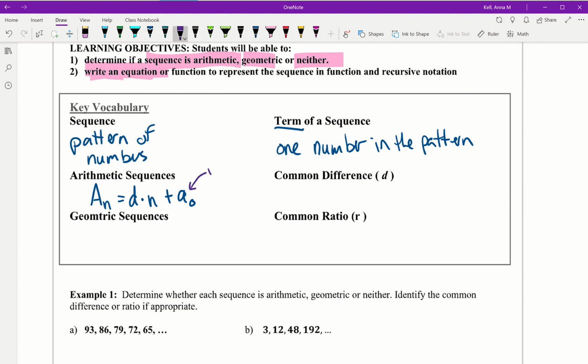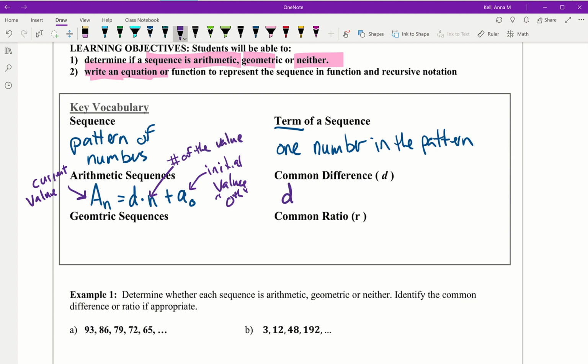A0 is the initial value, like the 0th number in the sequence. A sub n is like the current number, the current value you're calculating. So if you're looking for the 100th entry or the 10,000th entry or something like that, n is the number of the value you're looking for.